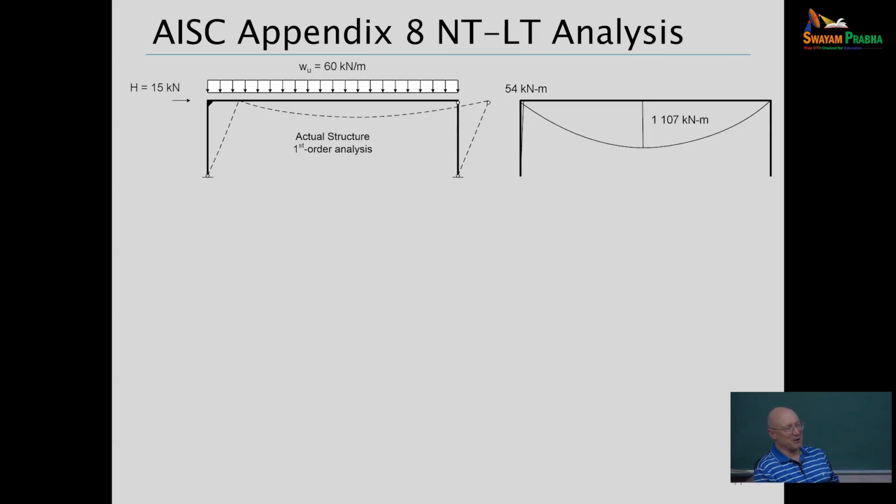And my moment diagram is simply a simply supported beam moment diagram in the roof girder, right? But for the left-hand end of the roof girder to rotate as a simply supported beam requires that the frame shift to the right under the gravity load.